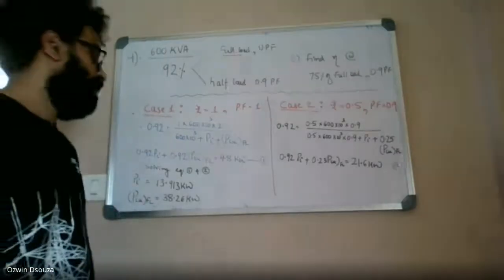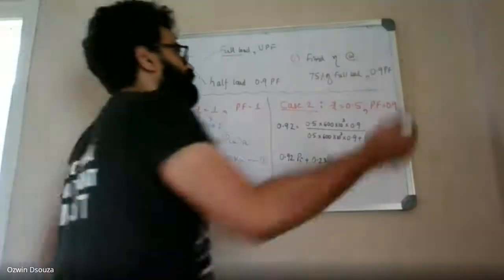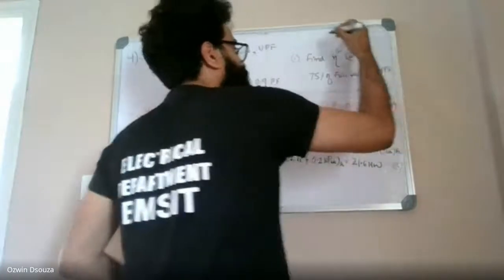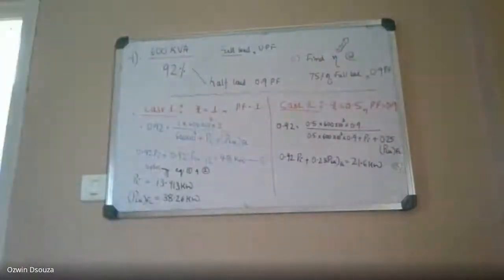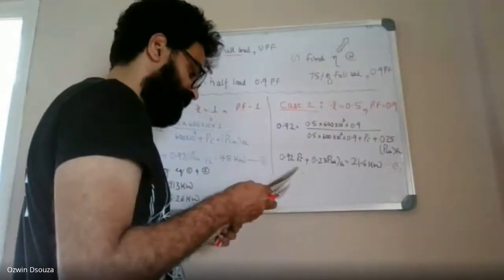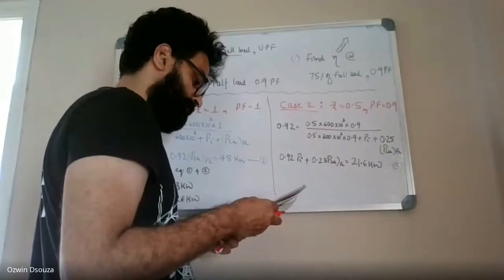So having known iron loss and full load copper loss information, you can find the efficiency at this particular loading. So I'll give the answer. You can cross check whether you are getting this answer or not. So when you substitute, you are supposed to get the efficiency as 91.63.